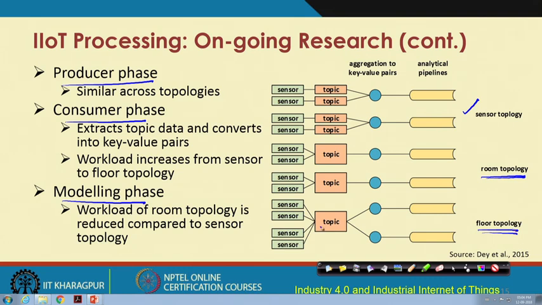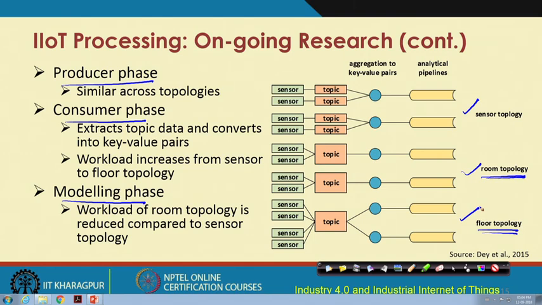In the floor topology, as we can see over here, different sensors are installed in the different floors of the building, and all these sensor data are analyzed and aggregated topic wise at the floor level. So, these are the sensor topology, room topology and floor topology that they have analyzed.